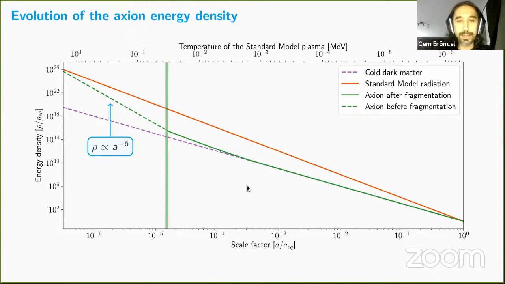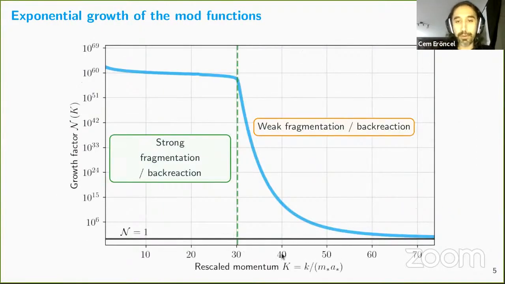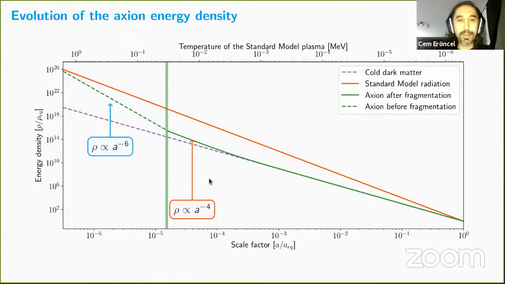And since the modes which are produced are slightly relativistic, the axion field redshifts for a short while as radiation. Then after the redshift, all the momentum modes which are amplified become non-relativistic, and the axion continues to redshift as matter, and eventually can make all of the dark matter today.